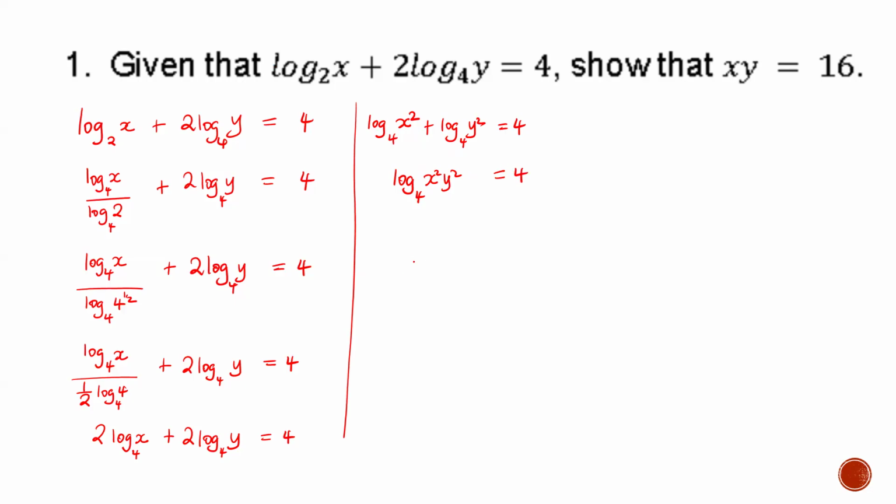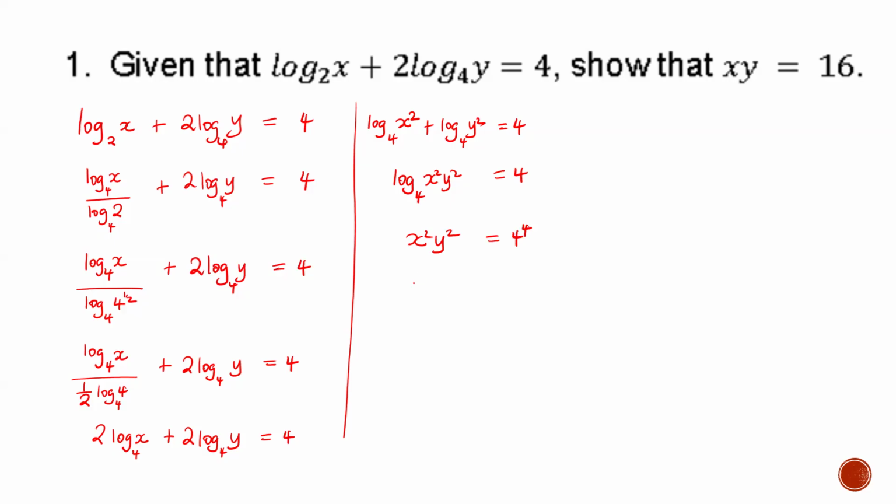Now, from the definition of logarithms, the log of a number is the power to which the base is raised to get that number. So that would mean that from this statement right there, x squared, y squared is equal to 4 to the power 4.